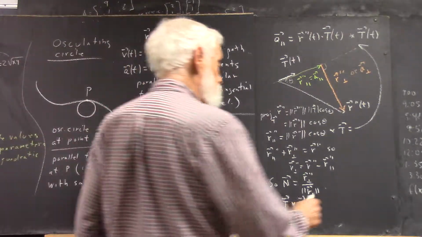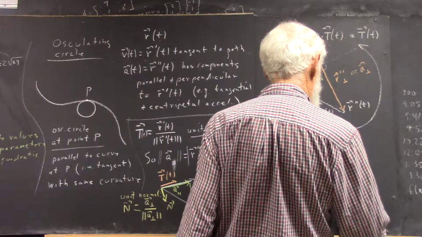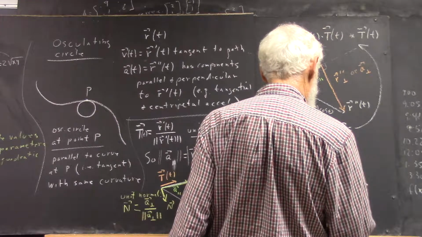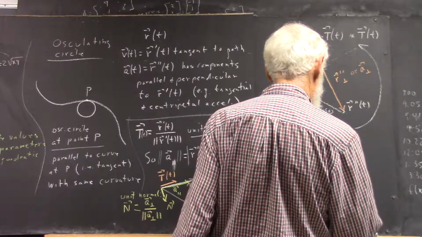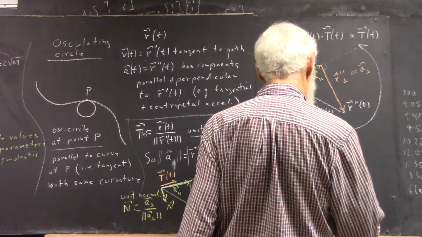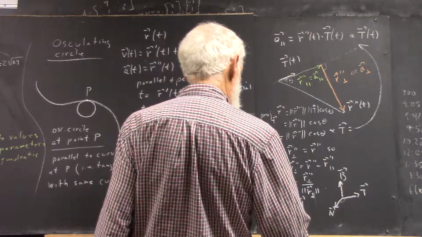This gives you your unit tangent, your unit normal, and this is a right angle, and your unit B, which is your binormal.